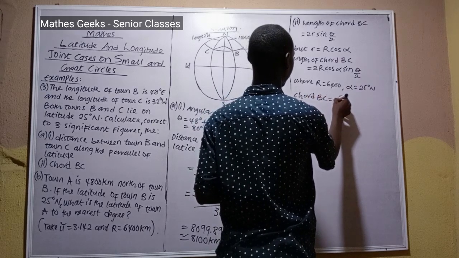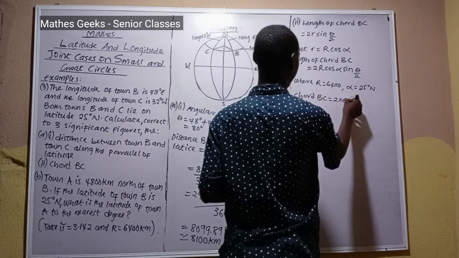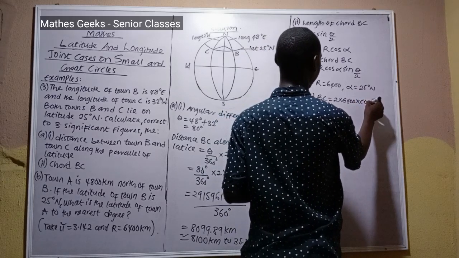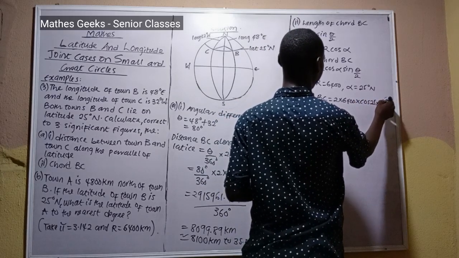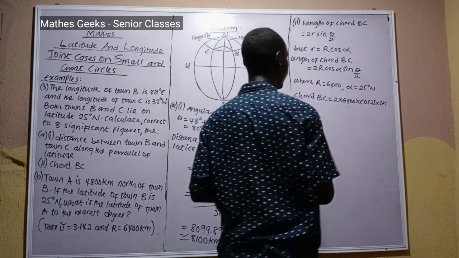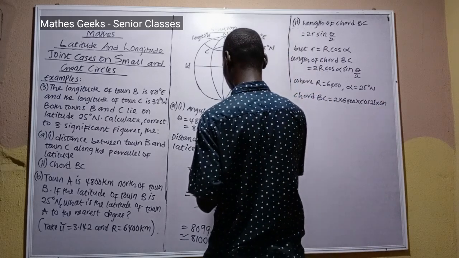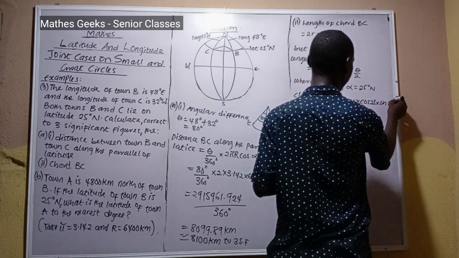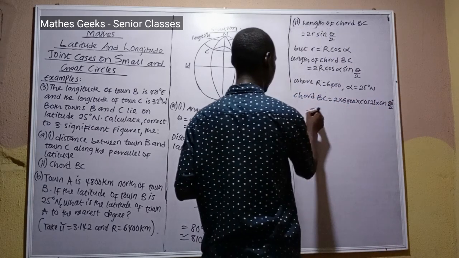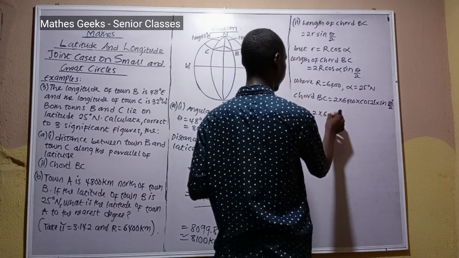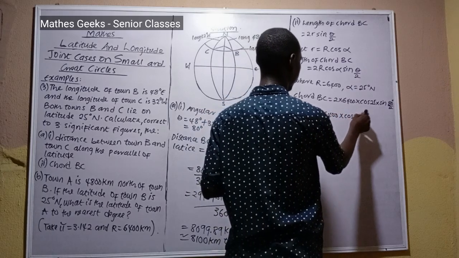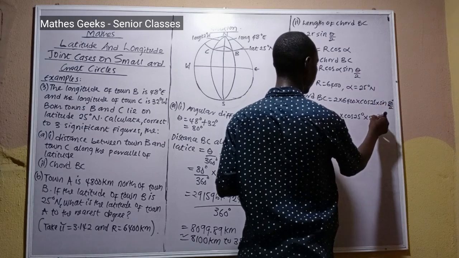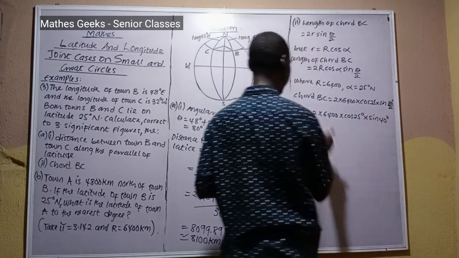So we say chord BC is equal to 2 times 6,400 times cos 25 degrees times sine theta over 2. Theta is, no, the angular difference is 80 degrees, and 80 degrees over 2. That will give us 2 times 6,400 times cos 25 degrees times sine 40 degrees.